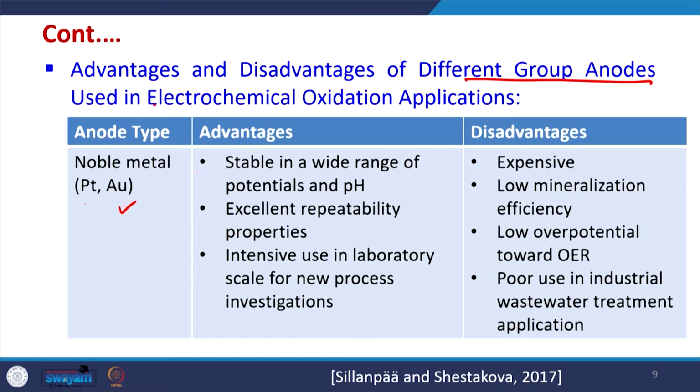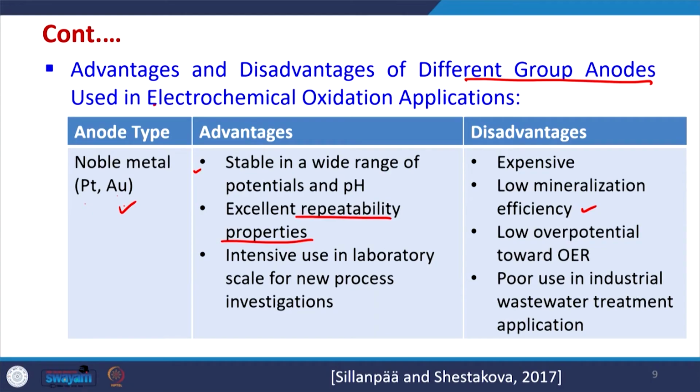The advantages are that they are stable in a wide range of potential and pH. They have excellent repeatability properties, so they will work with the same efficiency for a longer duration, though the efficiencies are not very high, but they still work very well. They can be intensively used at laboratory scale for new process investigations, and a very large number of studies have already been reported.